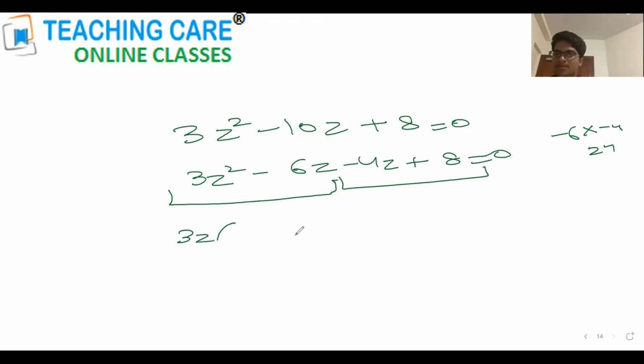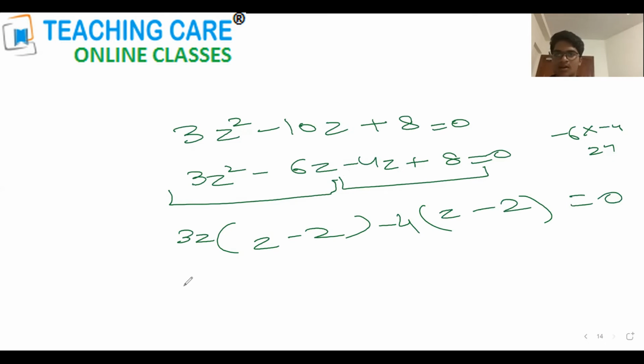3z times z minus 2 and minus 4 times z minus 2.